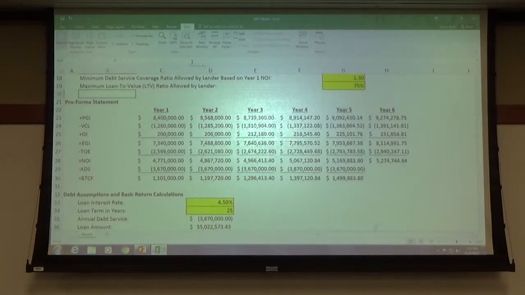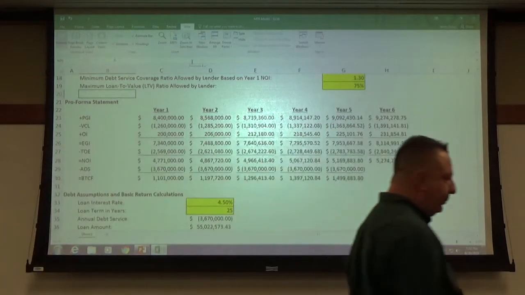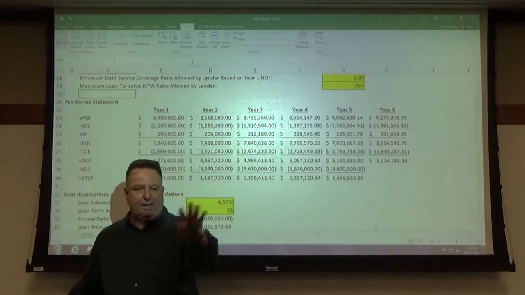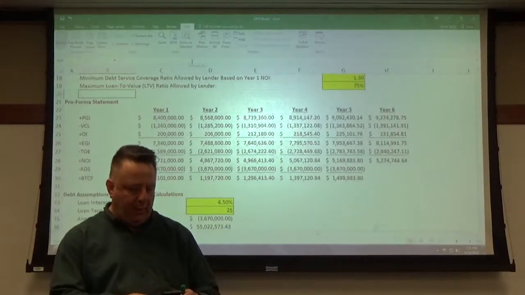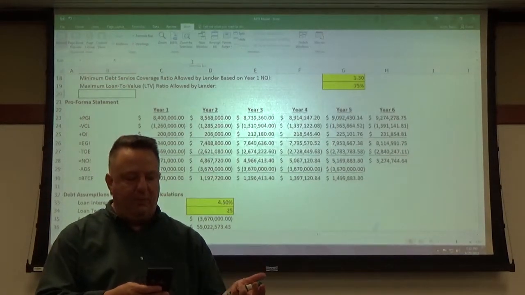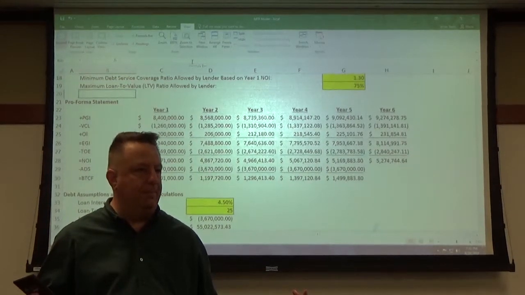Okay, then we break it down a little bit further, and you say, let's just be conservative, and let's say it's $30,000 a year. If it's $30,000 a year, divided by 12, that'd be $2,500 a month.